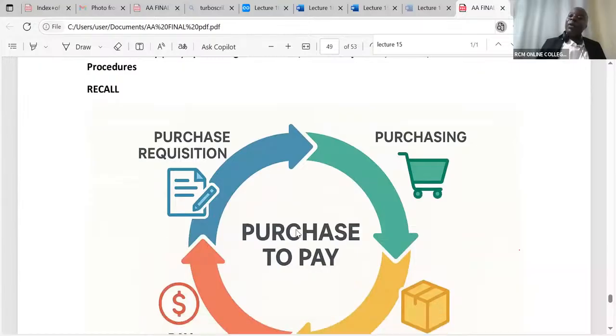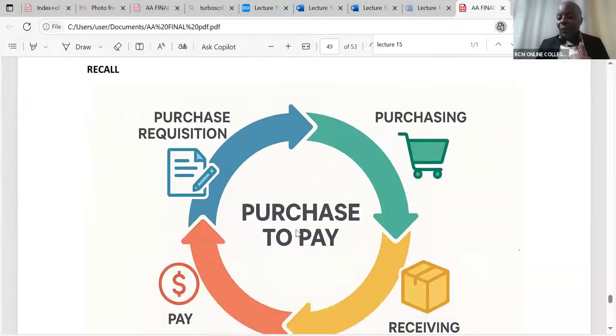Remember, ladies and gentlemen, whenever you want to place an order, you want in this case here to buy, for example, as at RCM, marker pens. So we must have a person or a department that should be able to raise what we call a purchase requisition. They are requesting, we want a marker pen.